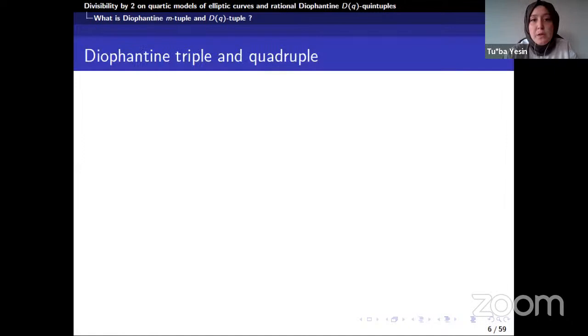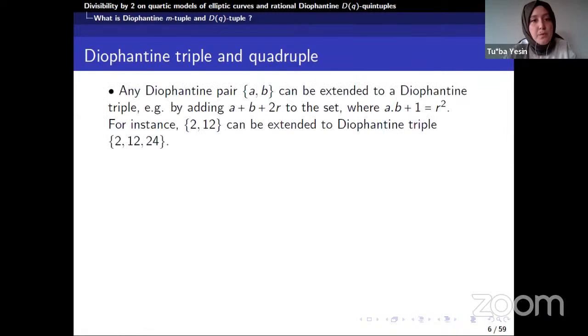Okay, what do we know about these tuples? If we have a Diophantine pair such as 2 and 12, for instance, 2 times 12 plus 1 is 5 squared. So can we get a triple by using this pair, or can we extend from triple to quadruple? The first question, from pair to triple: yes.